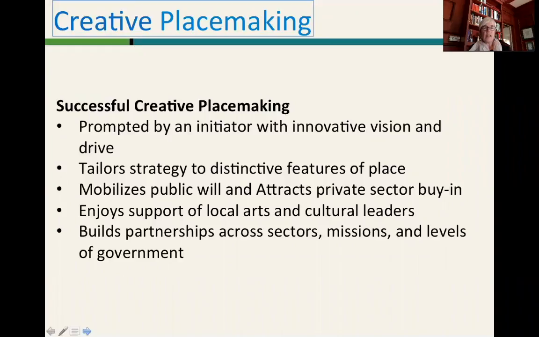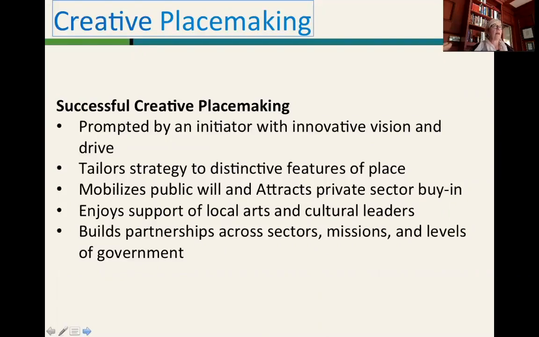So she goes on to talk about how successful creative placemaking is defined by 5 tenets. 1, it's prompted by an initiator with innovative vision and drive. 2, it tailors a strategy to distinctive features of place. 3, it mobilizes public will and attracts private sector buy-in, which becomes really important.